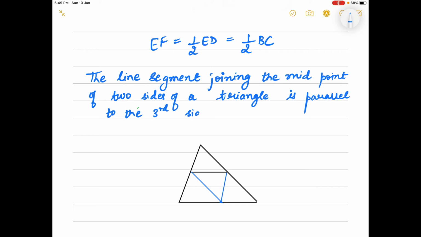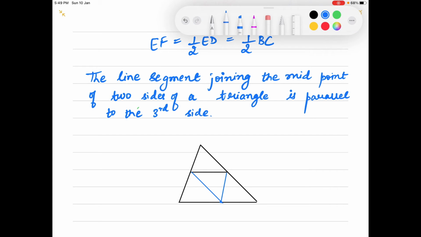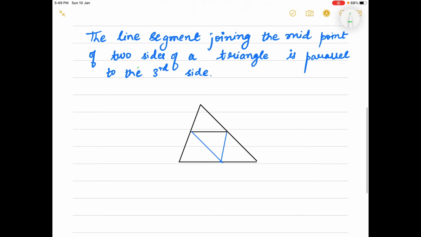So this is our midpoint theorem. There is no need to learn this midpoint theorem, we have to just understand the property of the midpoint theorem. Now let's understand this midpoint theorem with the help of a simple question.